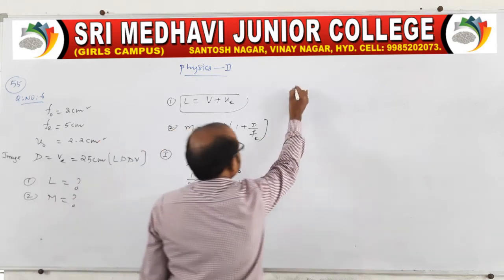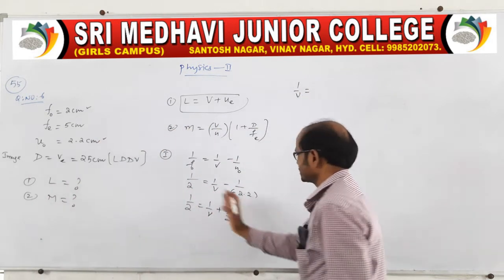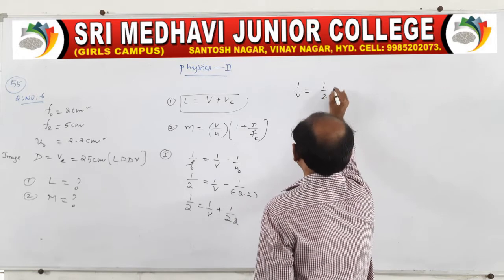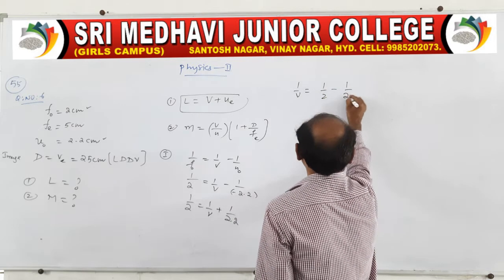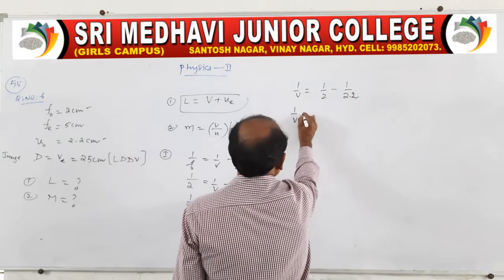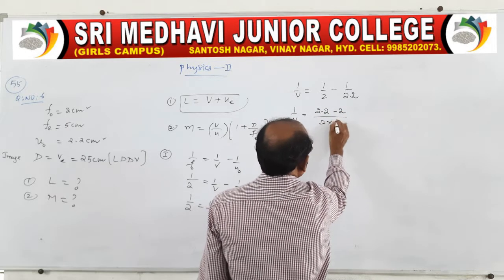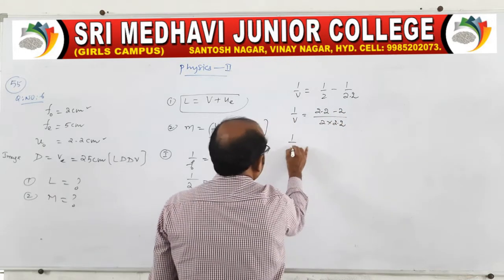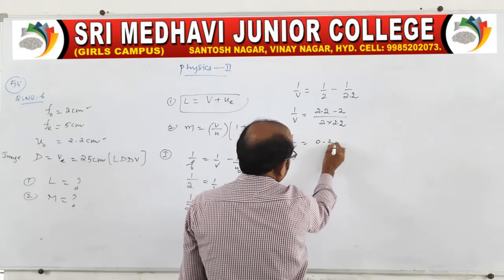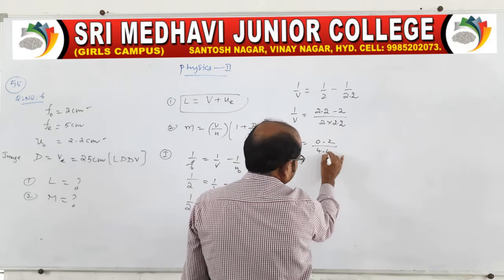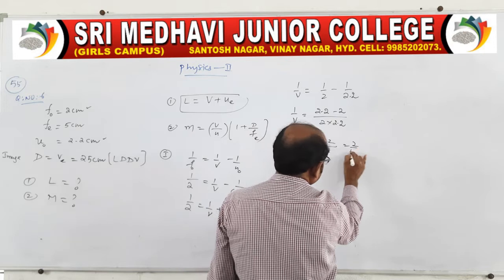So 1 by v is equal to 1 by 2 minus 1 by 2.2, which is 2.2 minus 2 by 2 into 2.2. That is approximately 0.2 by 4.4, so you cancel to get 2 by 44.